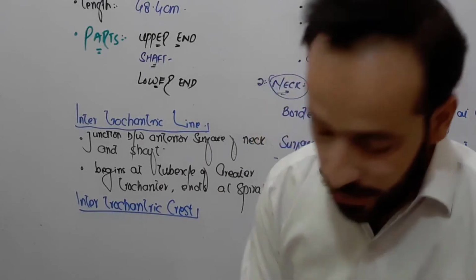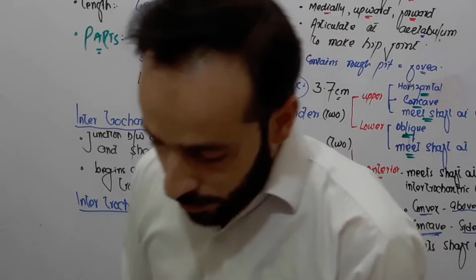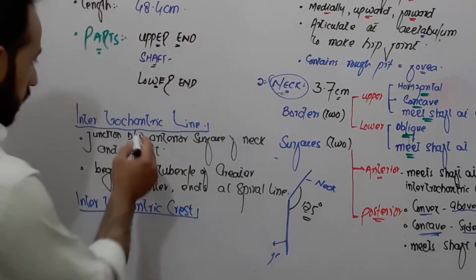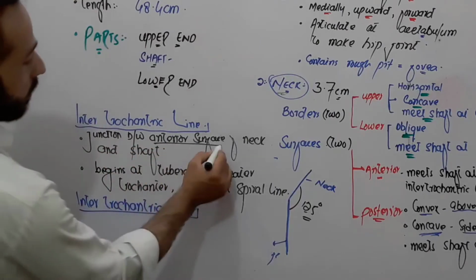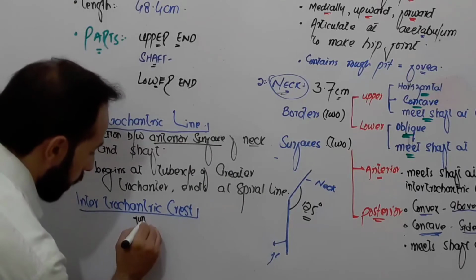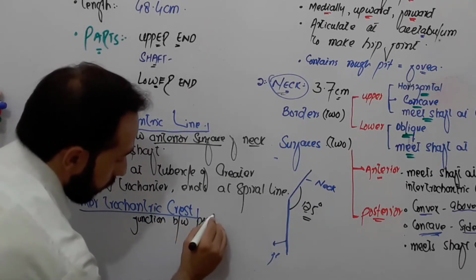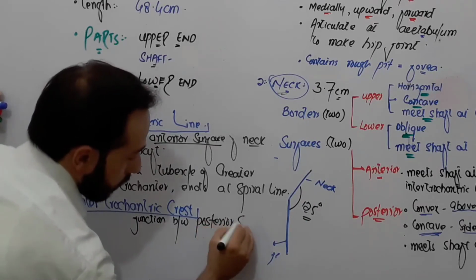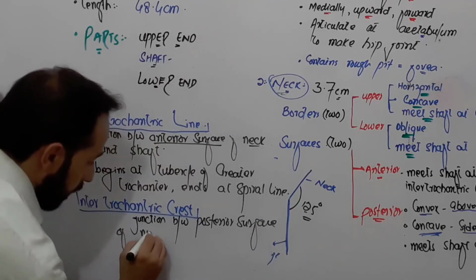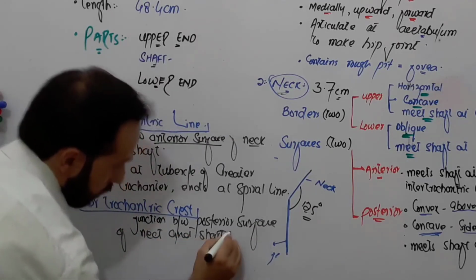So we say intertrochanteric crest is actually the junction between the posterior surface of the neck and the shaft. This line was junction between anterior surface and neck, and this crest is junction between posterior surface of neck, right, of neck and shaft, right friends.